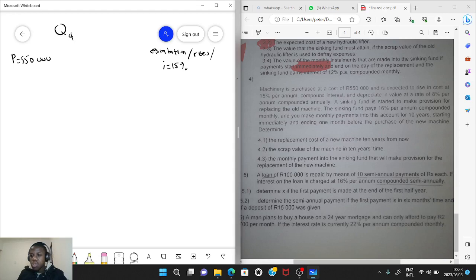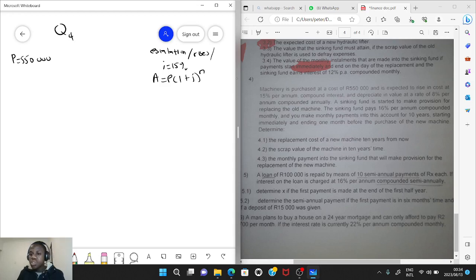Whenever I want you to note an increase in something, it has to do with the positive side. We are told the machine is expected to rise in cost. So which formula are we going to use? They said compound interest, so we're going to use a compound increase, because it rises in cost on compound interest. Positive has to do with an increase in something.